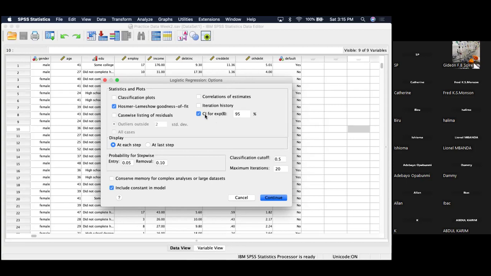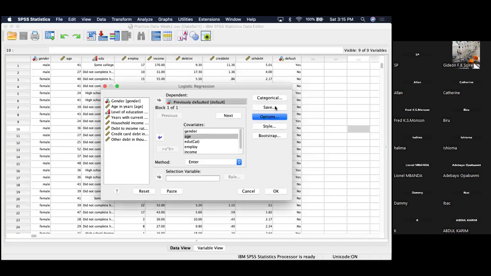Check this box, confidence interval for exponential beta, and make sure that you're testing at 95% confidence interval, or as your research design might demand, if it's 90% or 99%, that one is left to you. But generally, we test at 95% in social sciences. Okay, I think that's all. Yeah, that's all. So you can click on Continue.